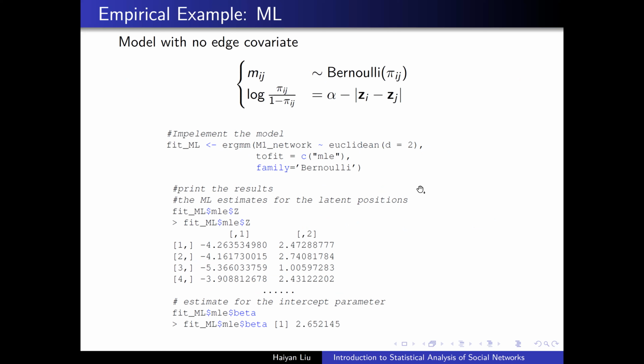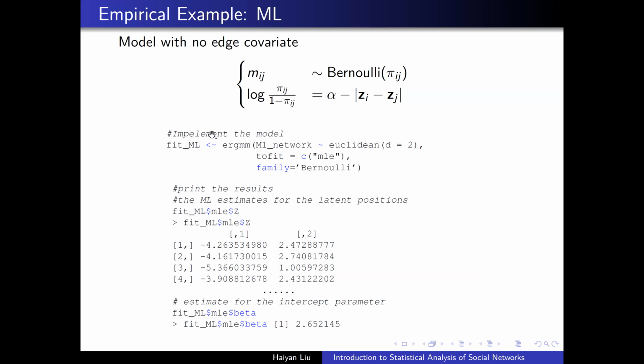The only information to predict the network is latent position. So we only use the latent position Z to predict the probability of the formation of connections between two actors. Therefore, latent position Z itself explains all of the dependence within a manifest social network.